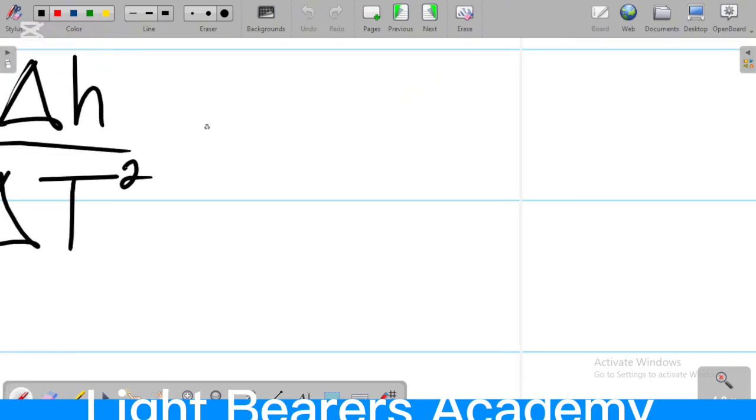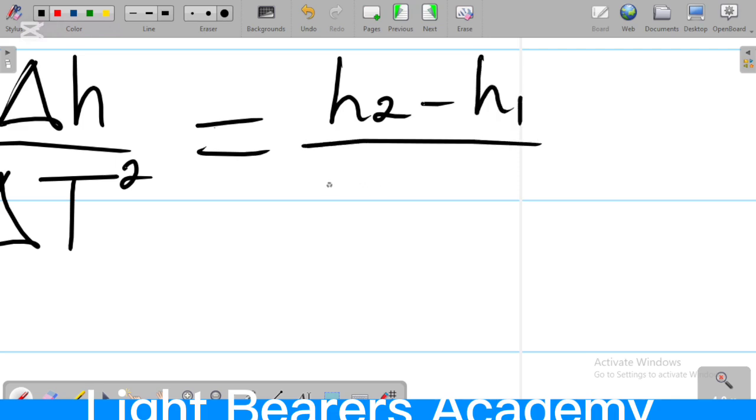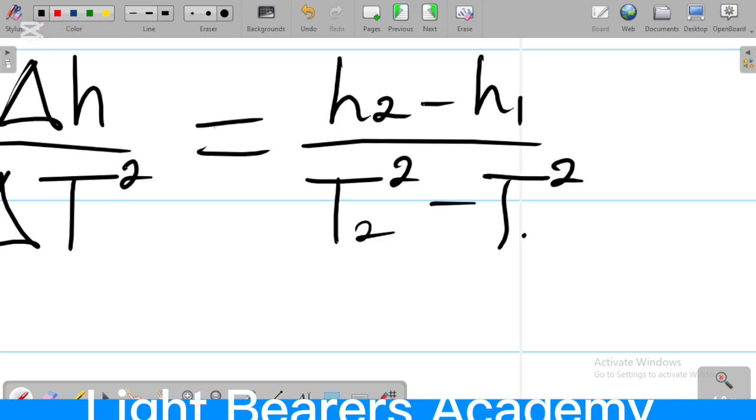Remember, slope is change in h. So we have h2 minus what? h1 all over t square 2 minus what? t square 1.